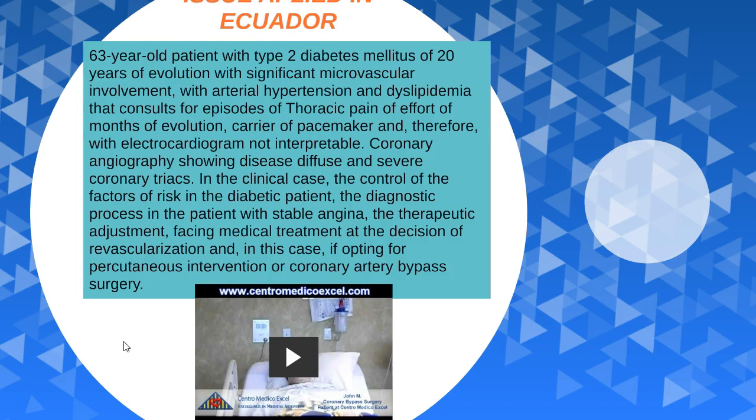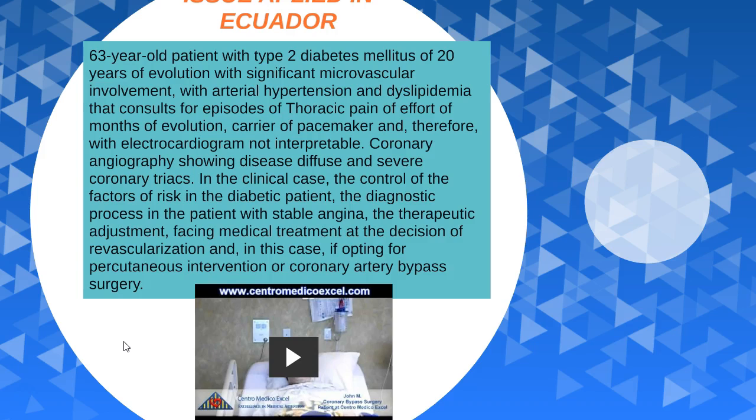A 63-year-old patient with type 2 diabetes mellitus of 20 years of evolution with significant microvascular involvement, with arterial hypertension and dyslipidemia, who consults for episodes of thoracic pain on effort of months of evolution, a carrier of a pacemaker and therefore with an electrocardiogram not interpretable.